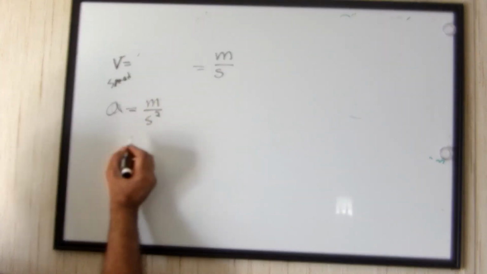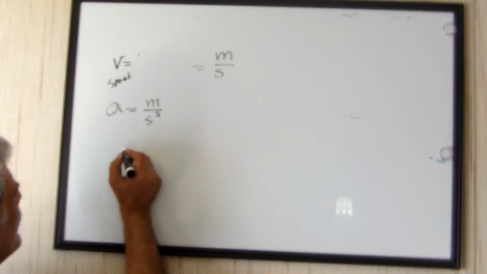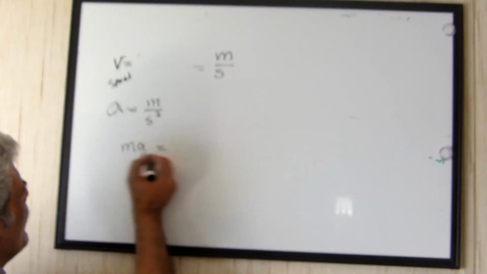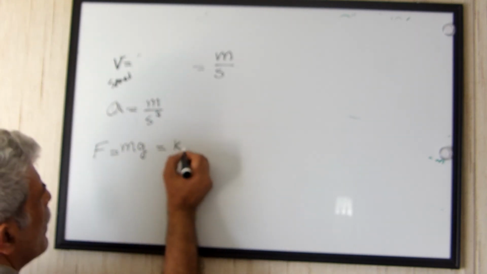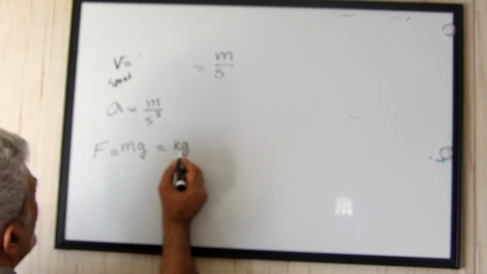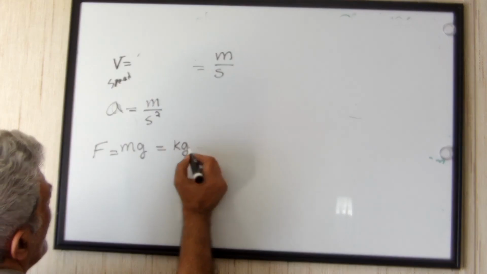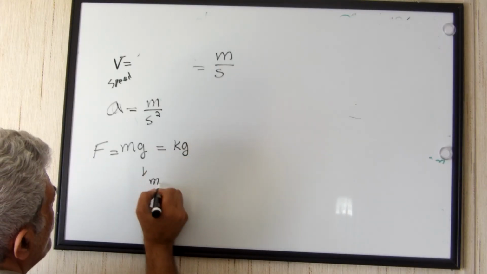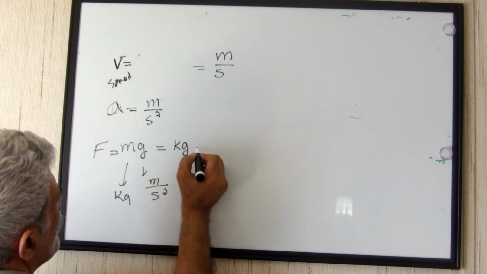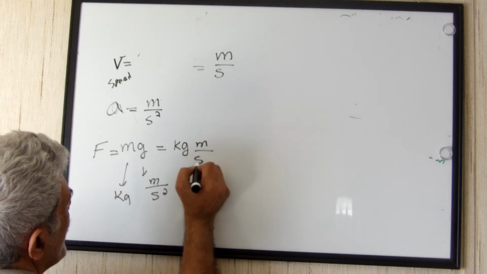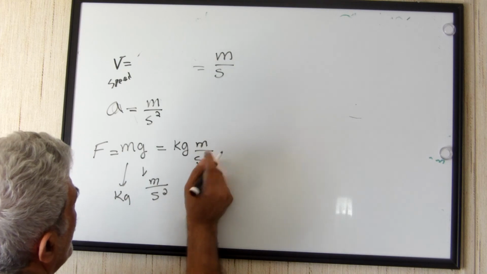So I just tell you, mg is the force. I'm going to talk about the unit. This is kilogram, and g is meter per second squared. So it's going to be kilogram meter per second squared.